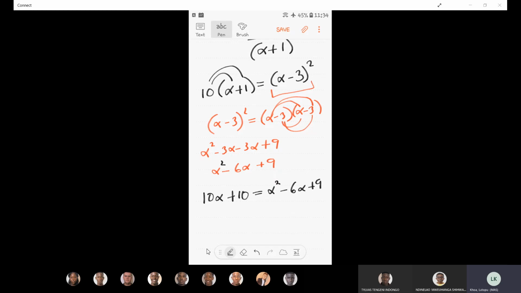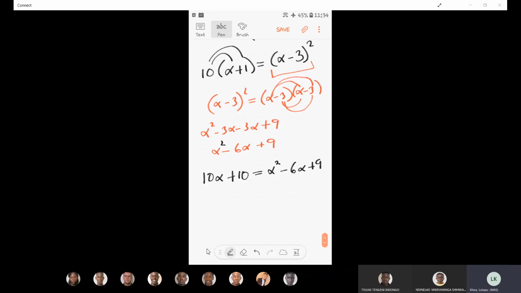Then I collect all the terms on one side, 0 on the other side. So I have alpha squared minus 16 alpha, and then minus 1, and this is equal to 0.